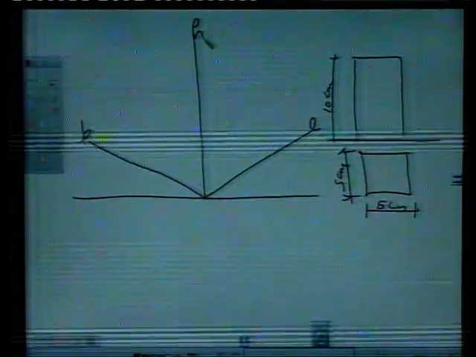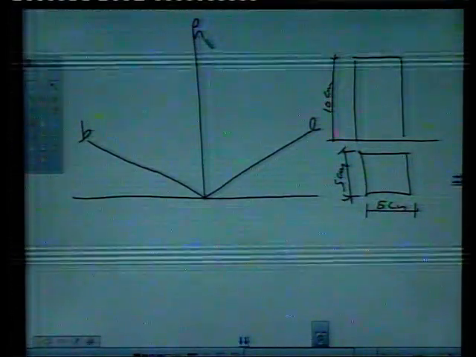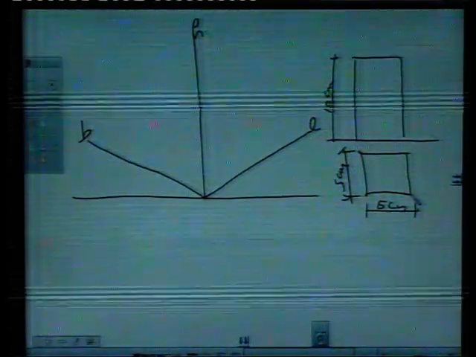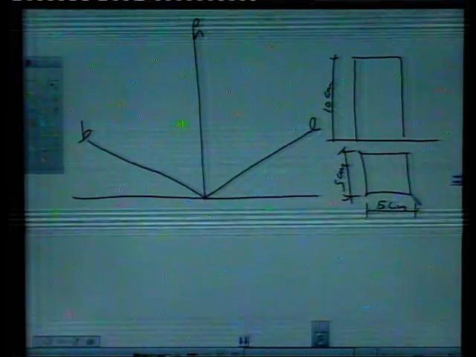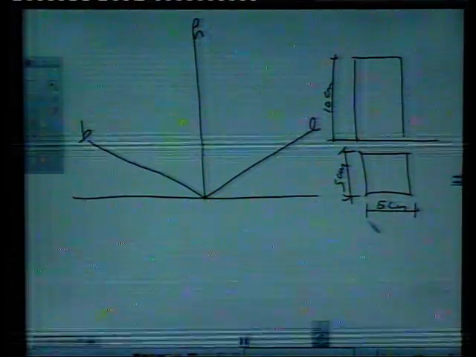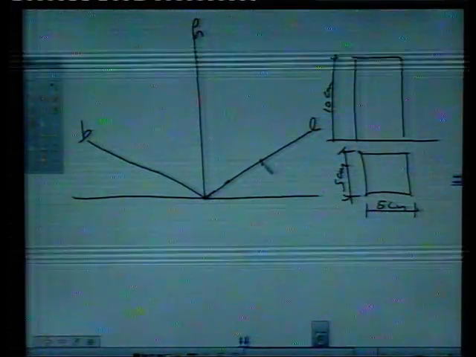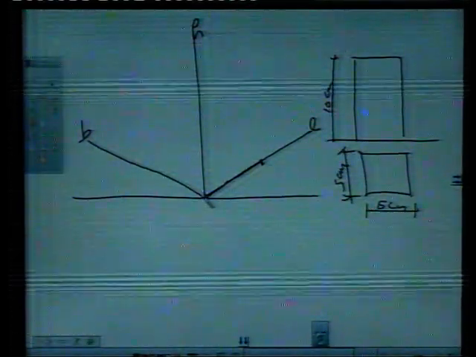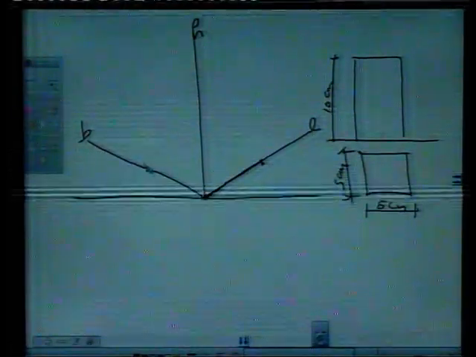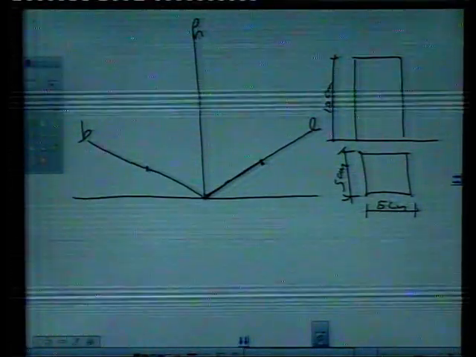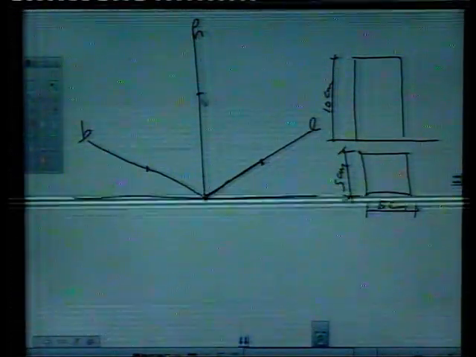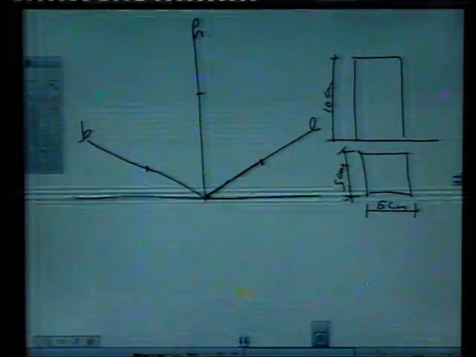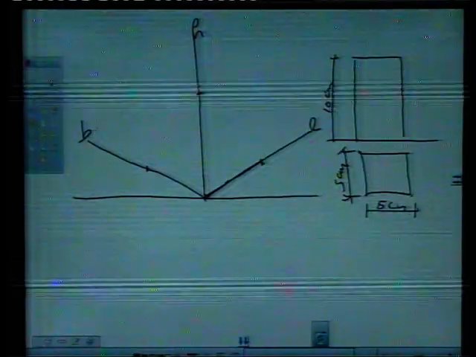For drawing isometric of a cuboid, we will straightaway mark our length, say length is 5, we will mark 5 here. Breadth is also 5, we will mark on the breadth axis, and height on the height axis. I hope this is clear to you.